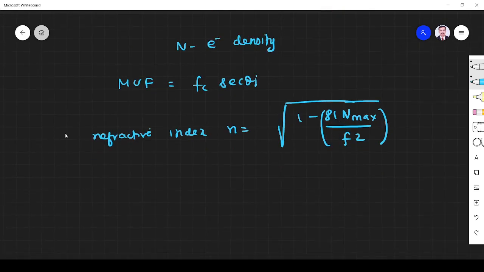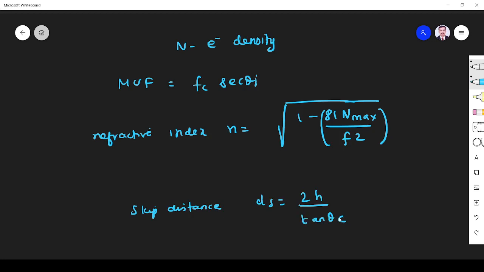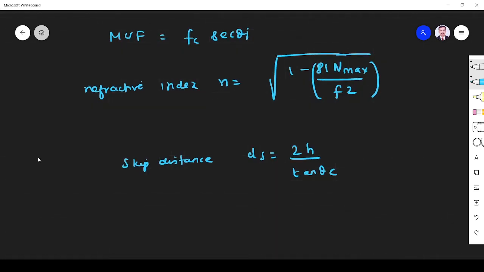Okay. Then another thing we should know about is skip distance. Skip distance is given by ds is equal to 2h tan theta c, where theta c is the critical angle. Okay, then radio horizon.